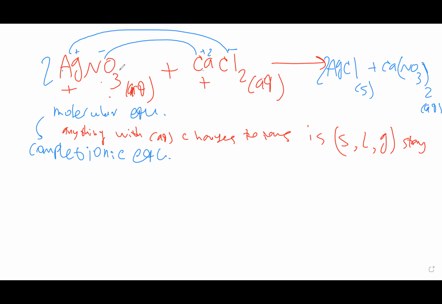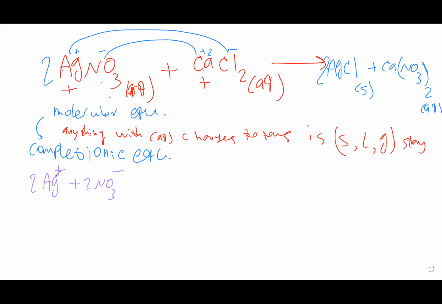So AgNO3, is it AQ or S? AgNO3. What should I do if I'm writing the complete ionic equation? Separate them. And if I separate them, I know from unit 4 that it is going to change to 2Ag+ and 2NO3-, because I have 2 of them. The coefficient is not going to make a huge difference.